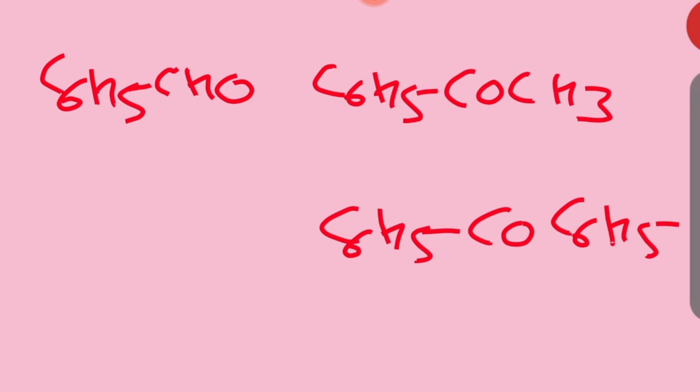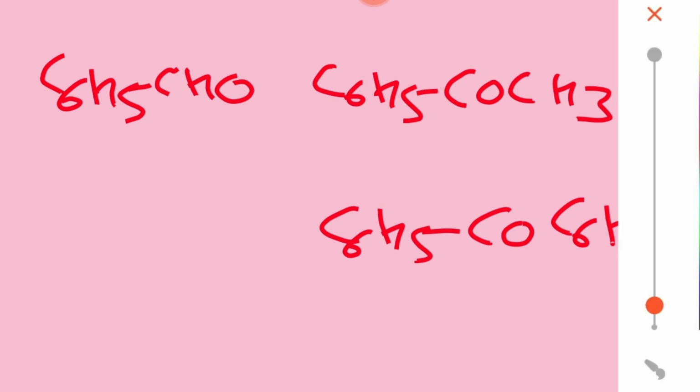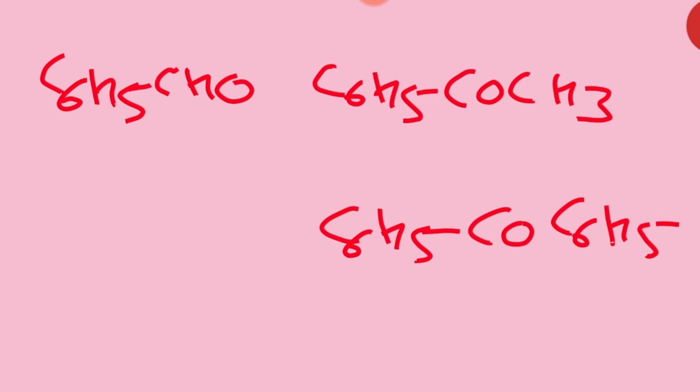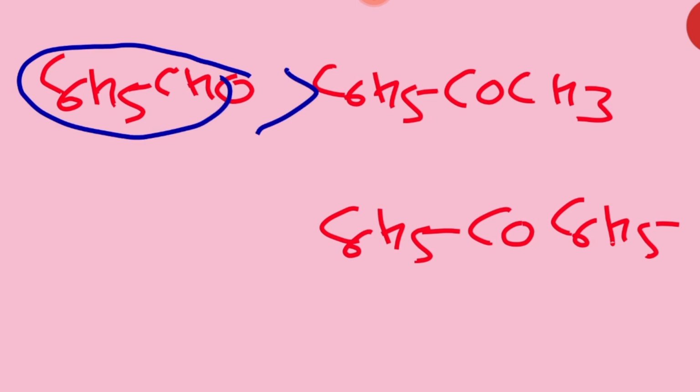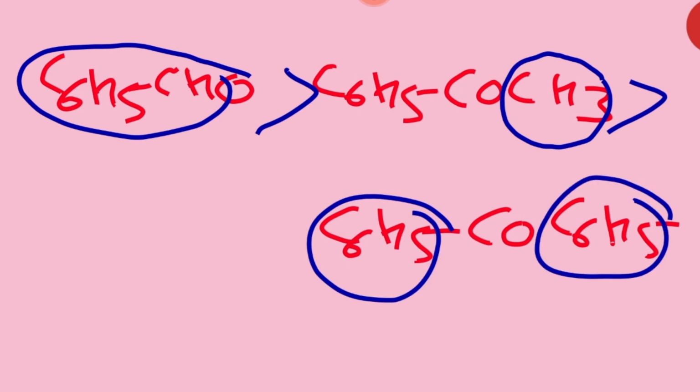So beta, one thing is clear, which one is the aldehyde from them? Please tell me which one is the aldehyde. This is the aldehyde, most reactive. Now from these two, which one will be the most reactive? Obviously this one. Why? Because this is containing CH3, but here both are aromatic. Clear?